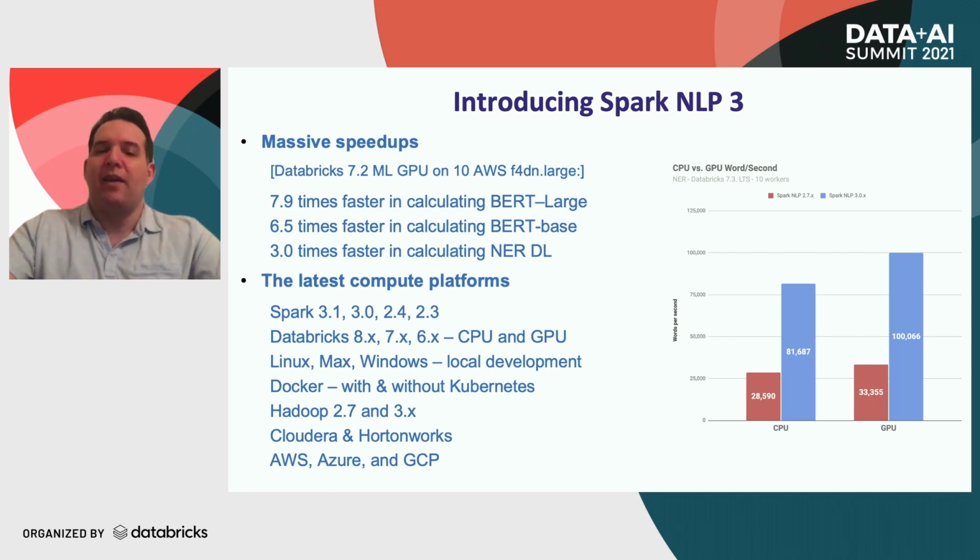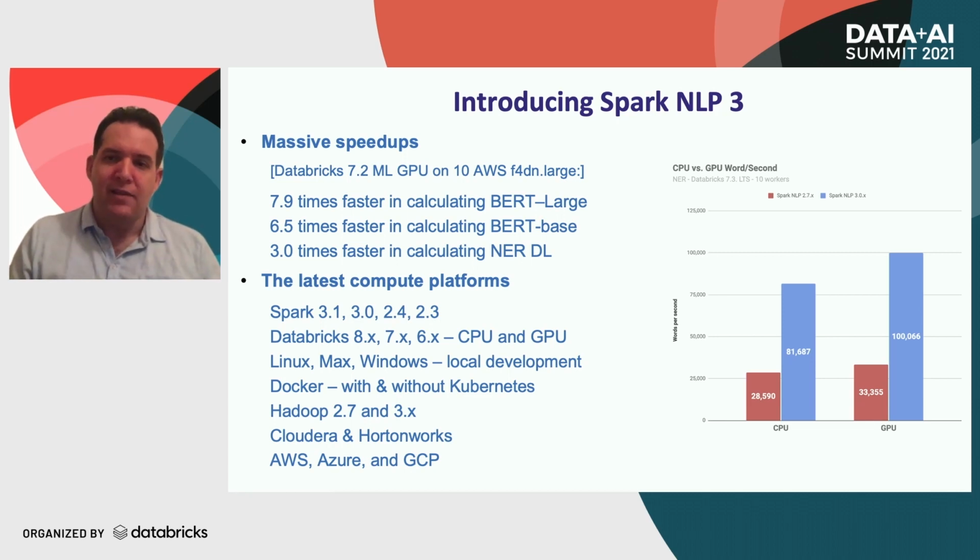So it's a very significant boost whenever you're using BERT embeddings. And for the most common use case of named entity recognition, we see a 3x speedup on GPUs, really just between the two versions of Spark NLP. It just goes to show the significant amount of profiling, optimization, and also work with both Intel and Nvidia that we've done in the last few months.